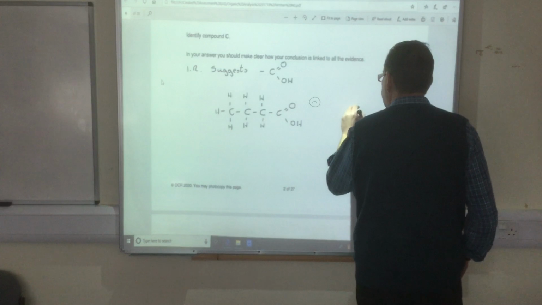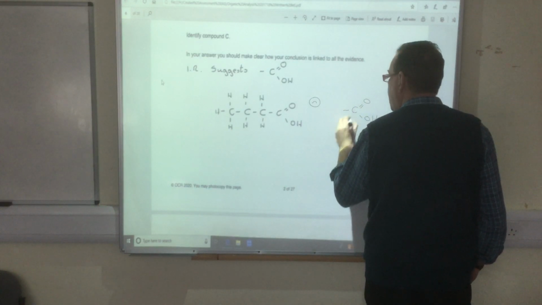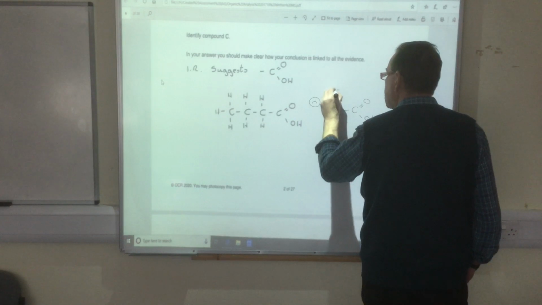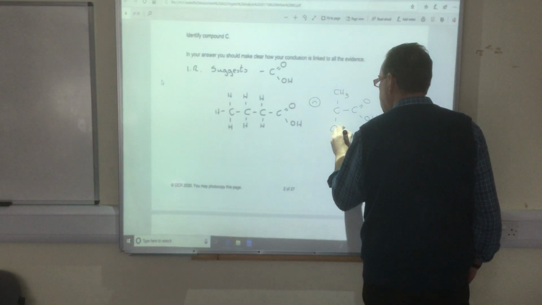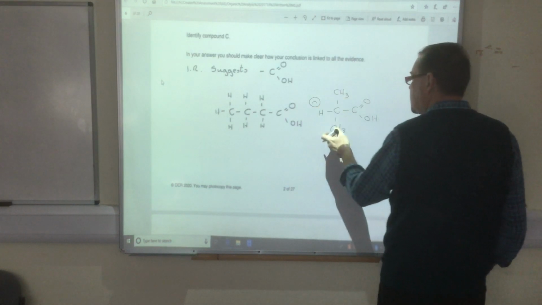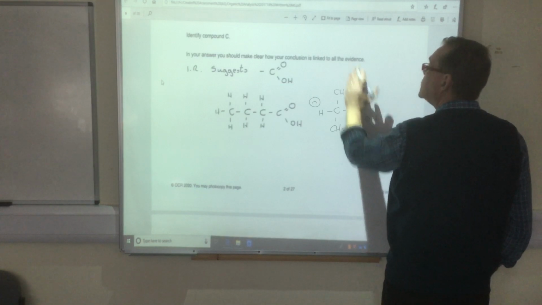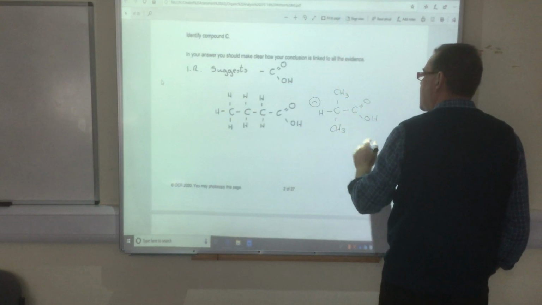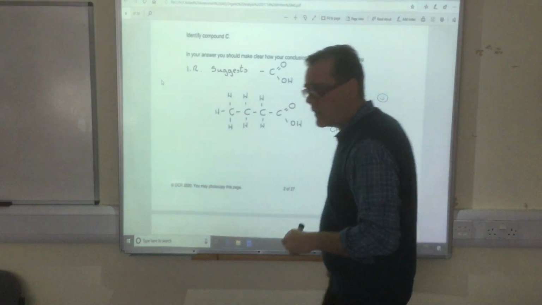Sure, carboxylic acid, happy, we've established that, but then it should be this, because that's a secondary carbocation when it breaks off, as we've seen earlier. That is the actual structure. Nice happy face there, how lovely.